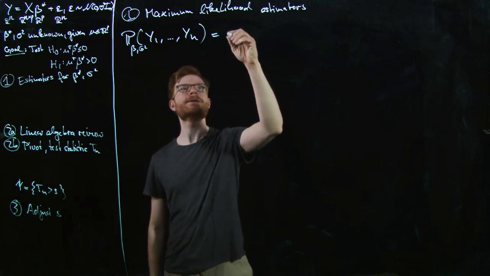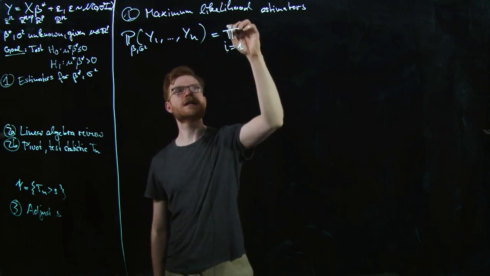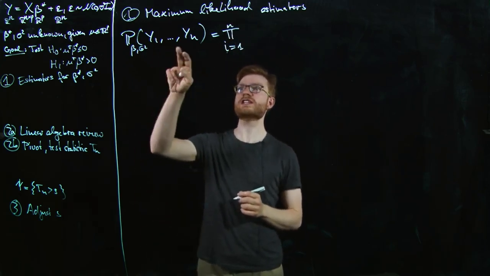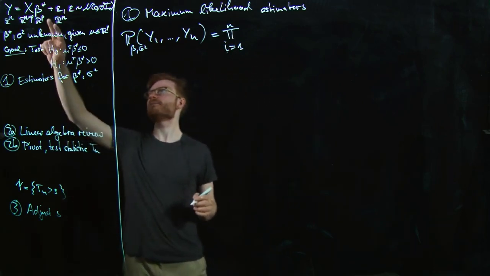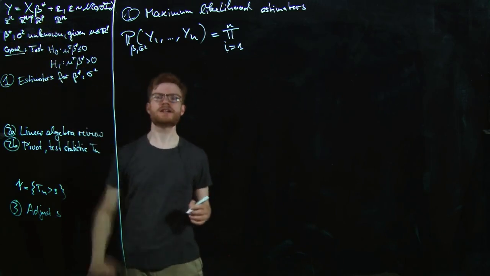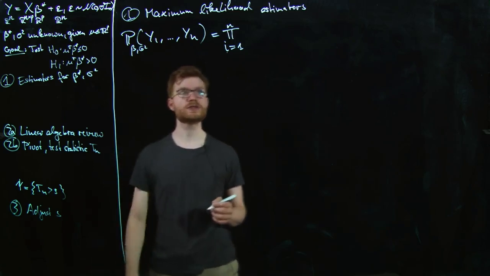So this is going to factorize as a product over the probabilities of each of the individual yns. And each yn is essentially, you can bring this over and say that y minus x beta star is equal to epsilon, which follows a normal distribution.